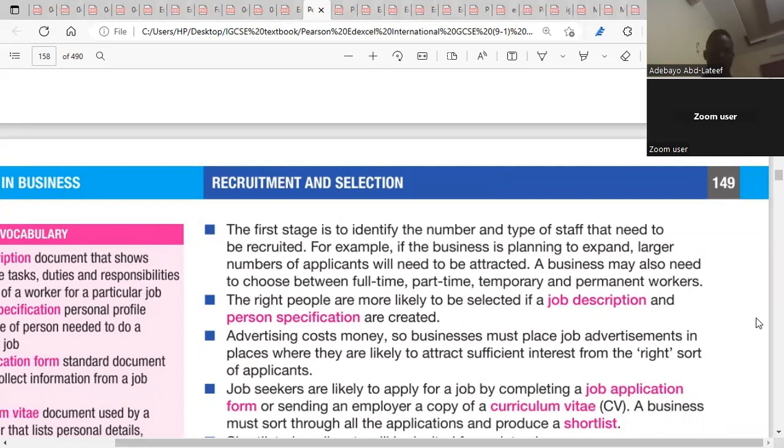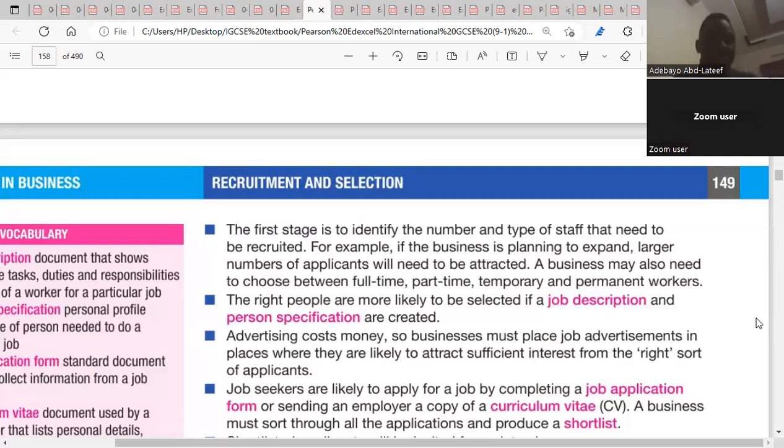So the first stage of recruitment is that there's a vacancy. So the first stage is what? Vacancy. And what does vacancy mean here?